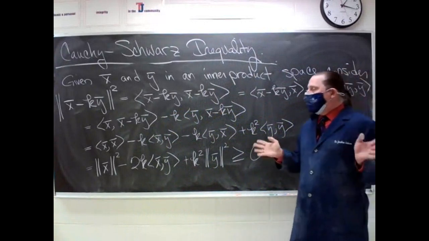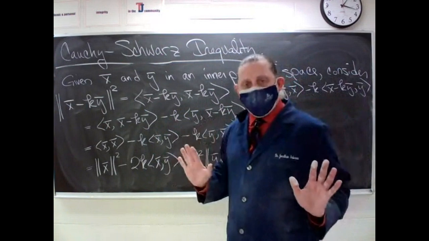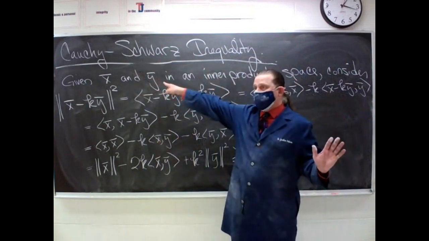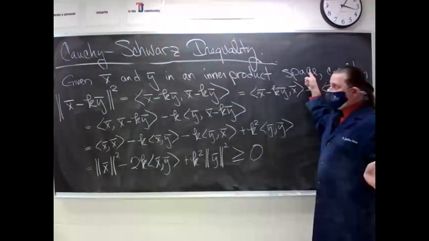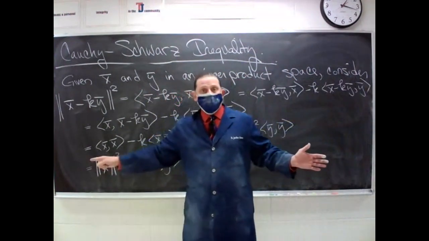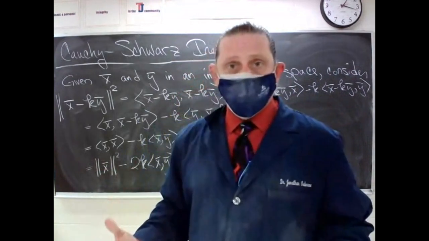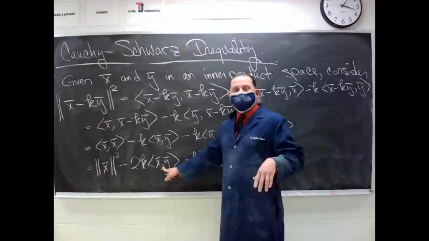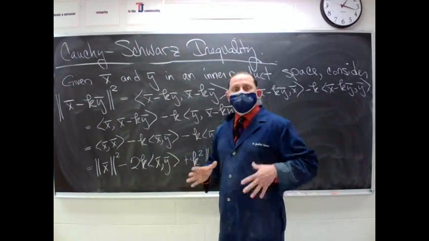Now, let's not let all the symbols distract us. X and y are two vectors in an inner product space. So the norm of x squared is a number. Minus 2 times the product of x with y is a number.